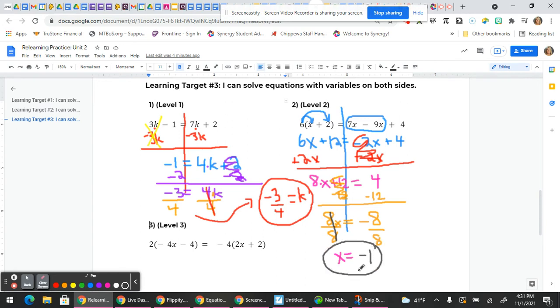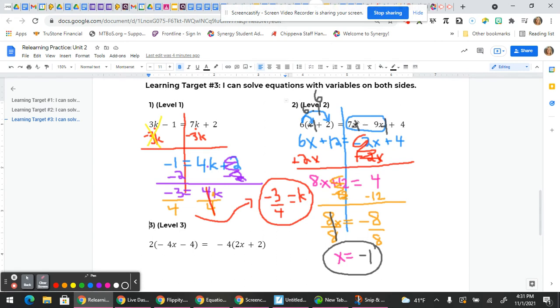Now I could check by putting my negative 1 in here, and a negative 1 here, and a negative 1 here. So we've got a few things to check. So negative 1 plus 2 is a 1. So 6 times 1 on the left should just be 6. Now let's try this one.